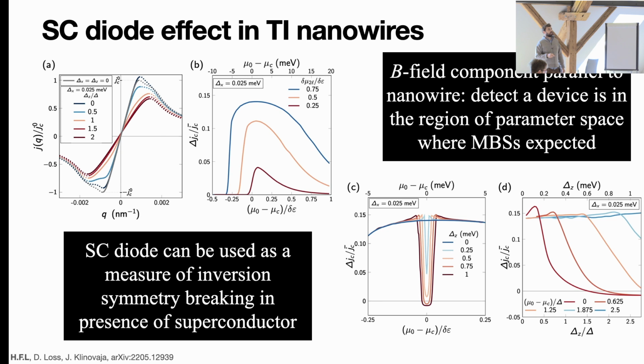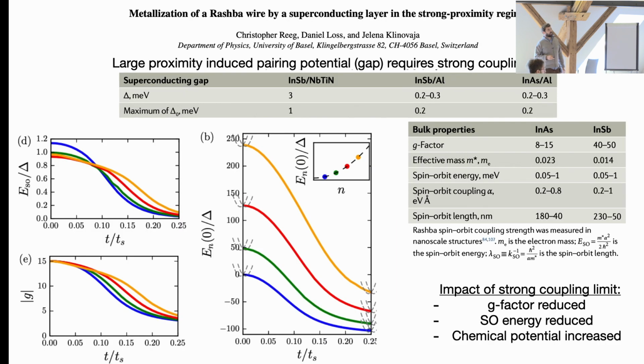I should also say that in this paper, I focus on the TI nanowires, but you could also do this with Rashba nanowires, and it all works almost identically. So why might you be interested in that? Well, one big problem in these nanowire systems is knowing how big your spin-orbit coupling is in, for example, the Rashba case.